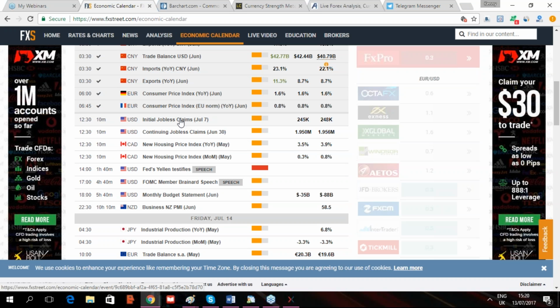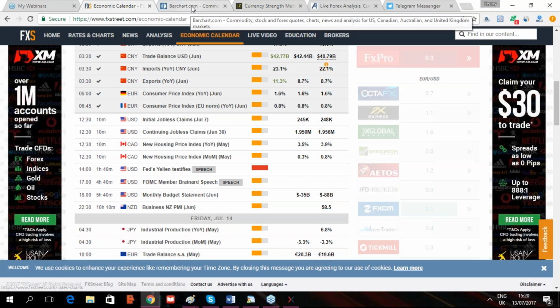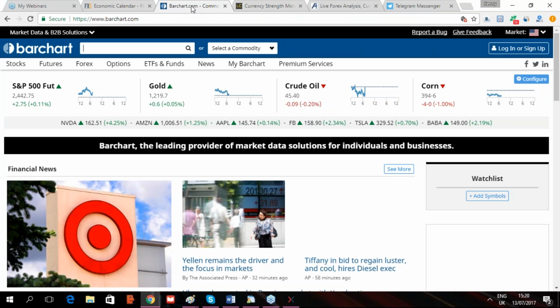The two sites that I recommend to look into the strength of the currency: number one, barchart.com, and the second one is livecharts.co.uk. I'm using both websites for the same function.